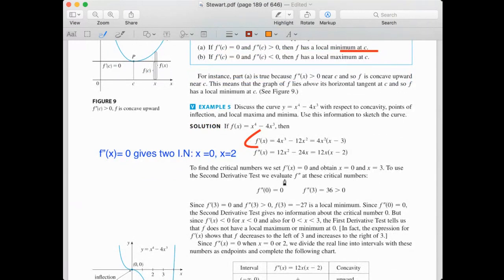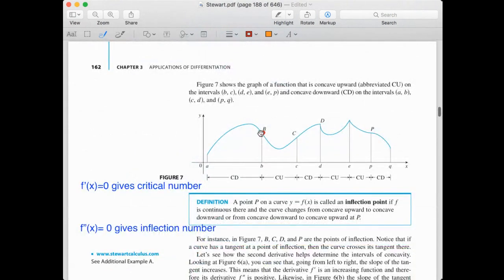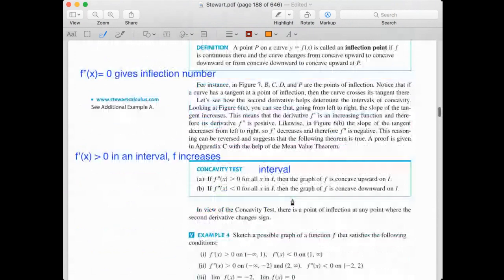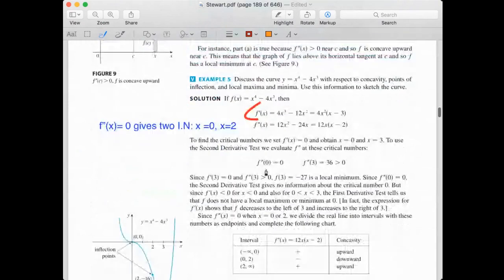Equal to 0 means it's an inflection point. So 0, 0 is an inflection point. It doesn't give you a maximum, doesn't give you a minimum. This is inflection point B, in the middle. It's not a maximum, not a minimum, but it's an inflection point.